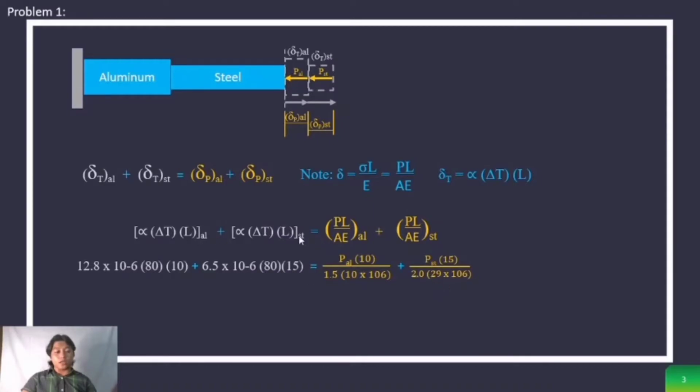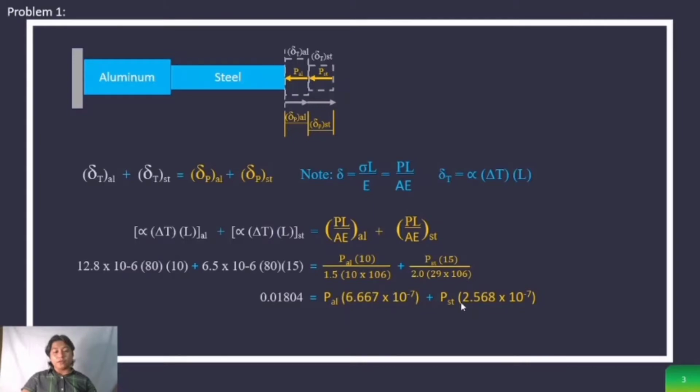If we calculate this, we will get 0.01804 equals to the P aluminum times 6.667 times 10 to the power of -7, plus P steel times 2.568 times 10 to the power of -7. So this 2.568 times 10 to the power of -7, ato ni siya i-distribute diri.